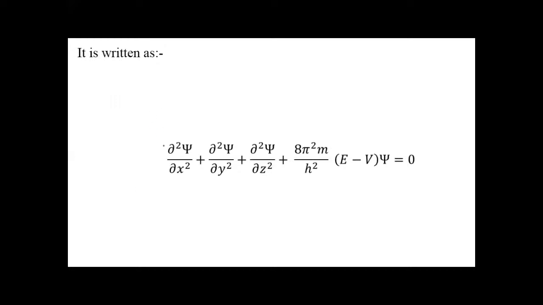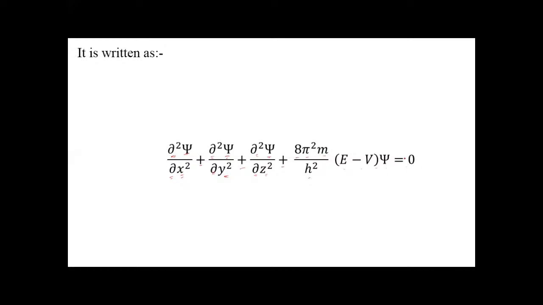It is written as del square psi by del x square plus del square psi by del y square plus del square psi by del z square plus 8 pi square m by h square into E minus V psi is equal to 0.